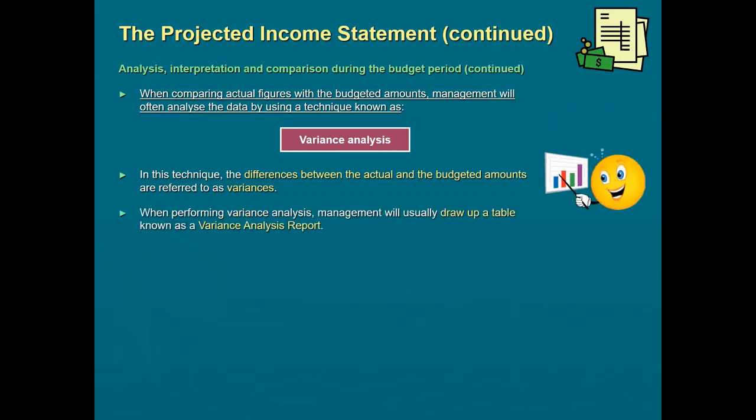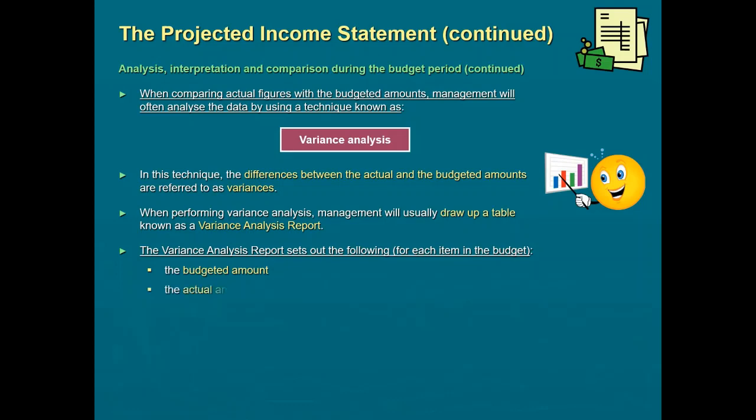When performing variance analysis, management will usually draw up a table known as a variance analysis report. The variance analysis report sets out the following for each item in the budget: the budgeted amount, the actual amount achieved, the variance amount, which is the difference between the actual amount and the budgeted amount, and the variance percentage.